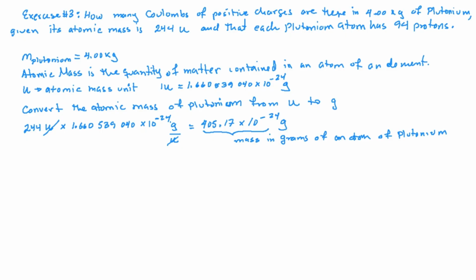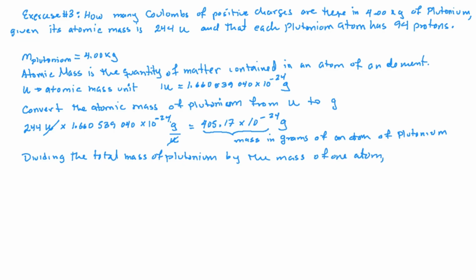Now, if we divide the total mass of plutonium by the mass of one atom, we can calculate the total number of atoms of plutonium that we have in these 4 kilograms.